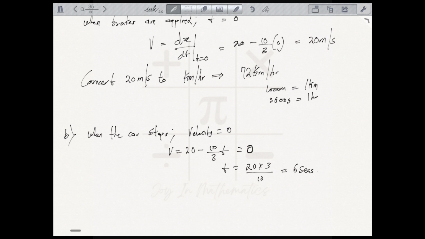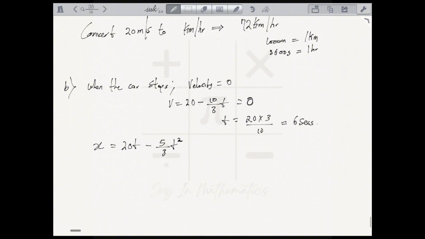Now, the question says determine the distance the car has traveled before it stops. The equation for distance given in the question is 20t minus 5 over 3 t squared.